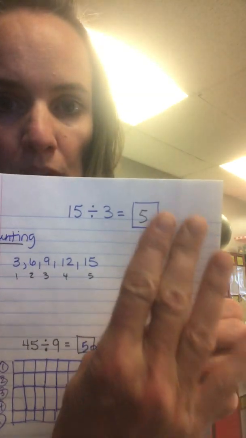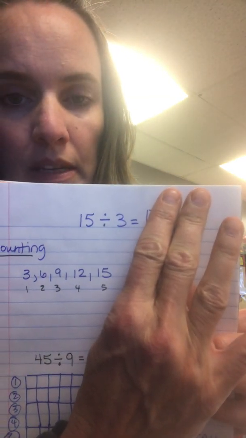Okay, so we've talked about two different models, skip counting and array. The last strategy I want to remind you of is my favorite, and I think it might be yours too, especially if you've been practicing your multiplication facts. So if you know that, let's use this first one for an example. Okay, so this first equation here was 15 divided by 3.